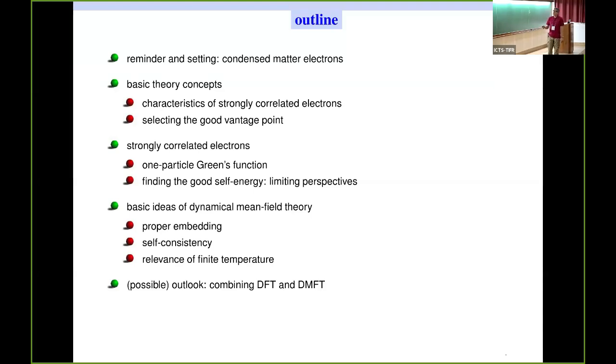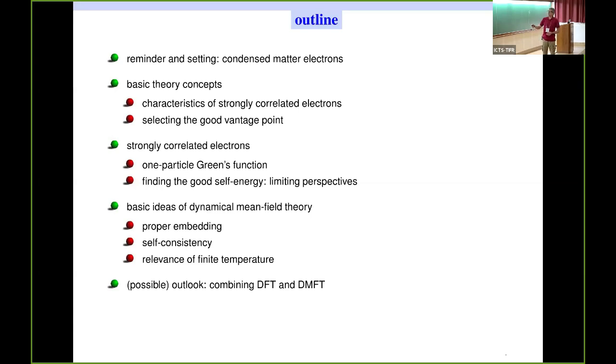And especially that we select a good vantage point, meaning what kind of theoretical strategy we are using to address strongly correlated electrons. We will find out that Green's functions are a good way to do that, especially in the strongly correlated regime. And then we will go forward and try to find the good object that can describe strongly correlated electrons in a regime where really interactions are, well, strong.